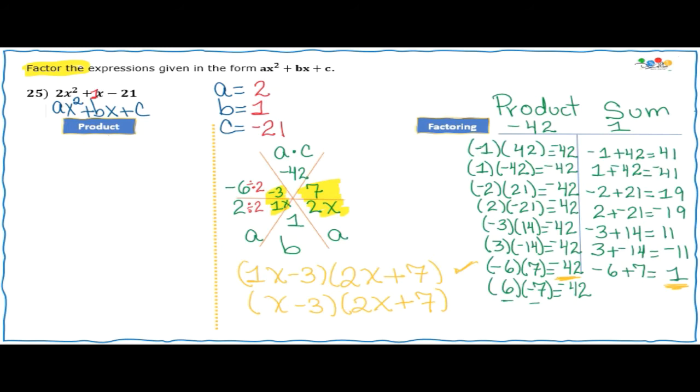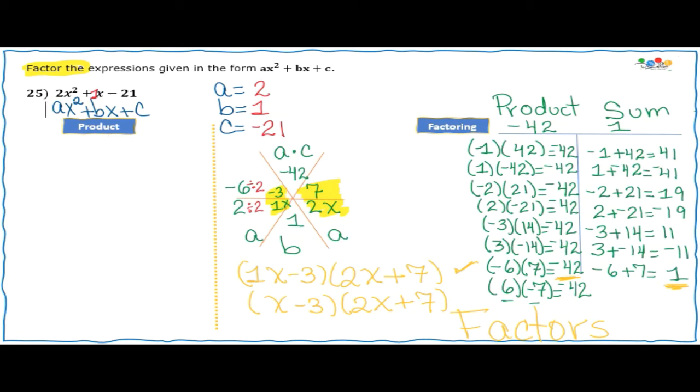So these are my what? Yes, these are my factors. Very good. So what I want to do next is I'm going to go to the left, right? And we're going to prove that when I multiply my factors, I actually get 2x squared plus x minus 21. So let's rewrite them.